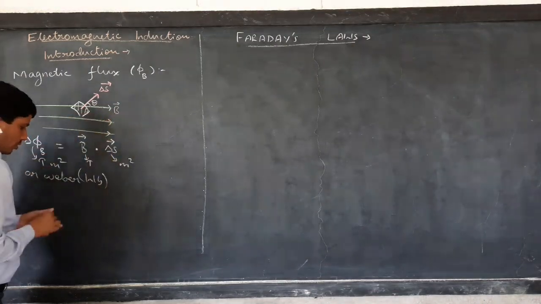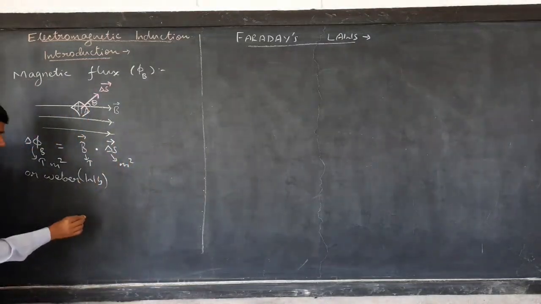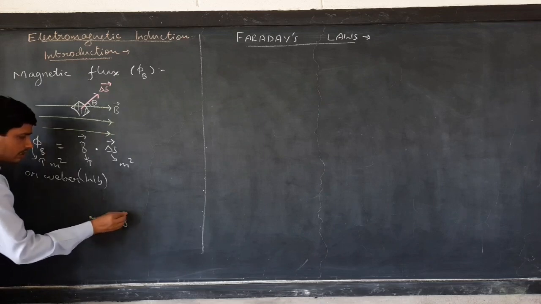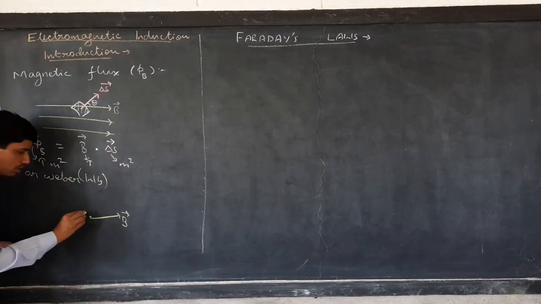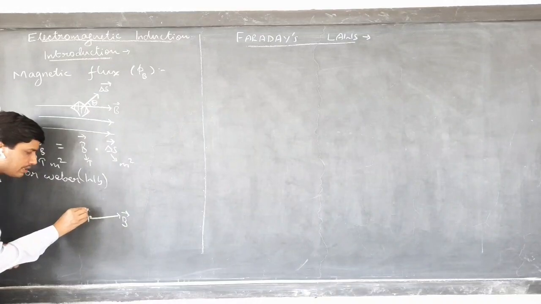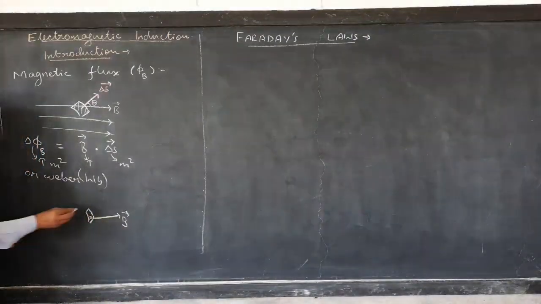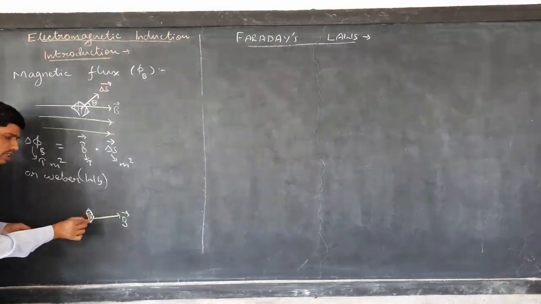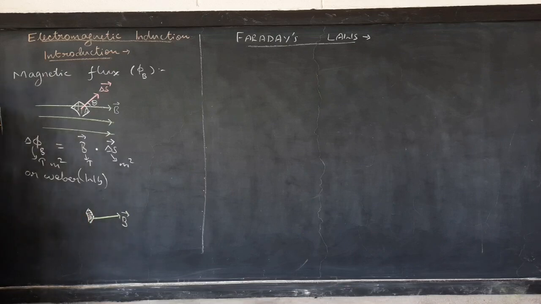If the field is not uniform, then at a given point, suppose the magnetic field has some value, say B vector, and I'll choose a very small area element at the same point. This area element will be so small that across this face or surface, the magnetic field variation can be neglected.